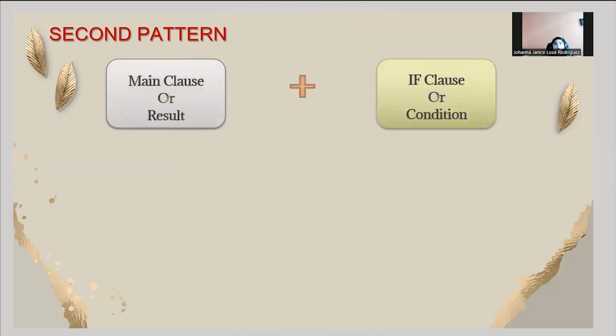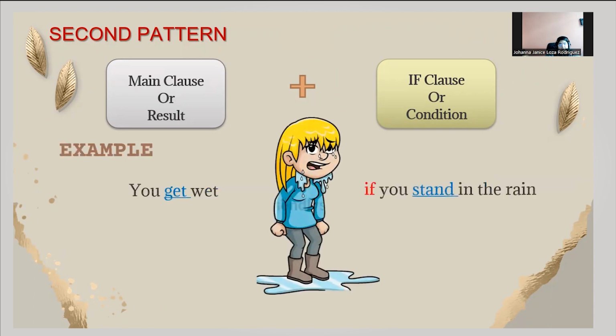You can start first with the main clause or the result plus the if clause or the condition. For example, you get wet. My sentence is simple present. Why is this my result? Look at this. My sentence doesn't start with if. My result, you get wet. What is my condition? The if clause, if you stand in the rain.